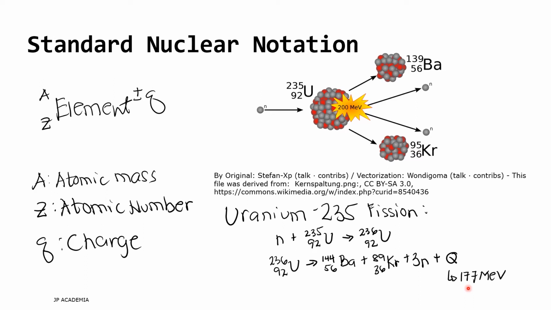But for this example, we have 177 mega electron volts. Shown above is another fission path for uranium-235, and we have here 2 neutrons and a Q value of about 200 mega electron volts.